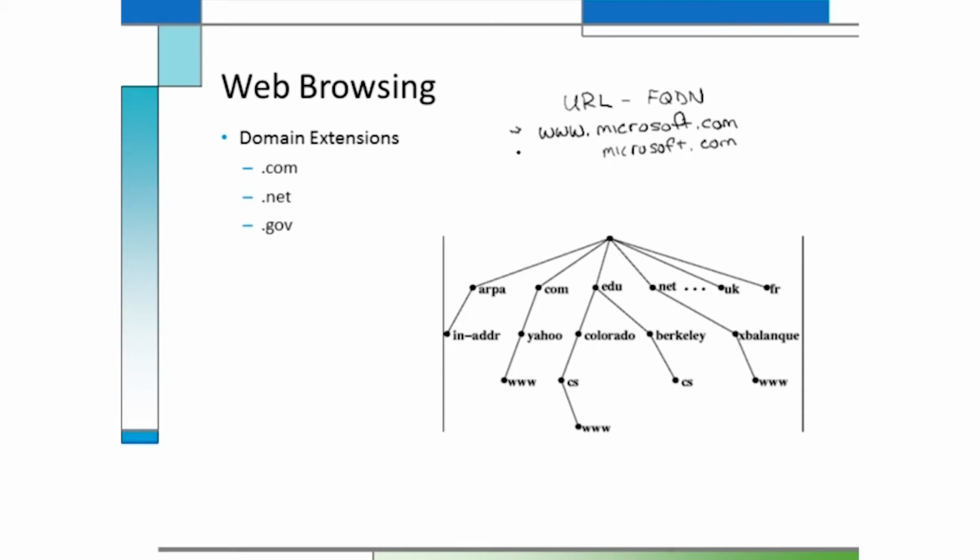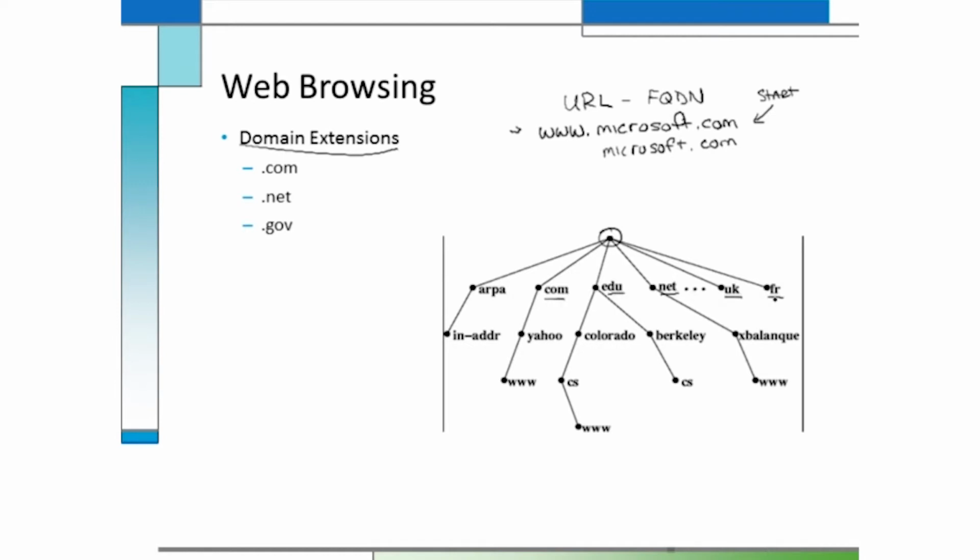So let's break this down. First, we start off with the domain extensions. And technically speaking, when we're searching for this address that you want to go to, we actually start doing our search from the left, or I'm sorry, from the right-hand side of the name. And that's because we have this domain hierarchy that actually starts with a dot and then is broken down by these domains.